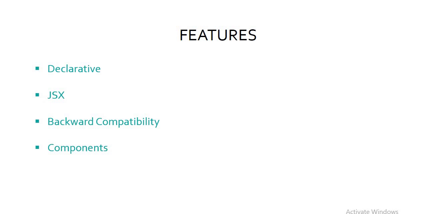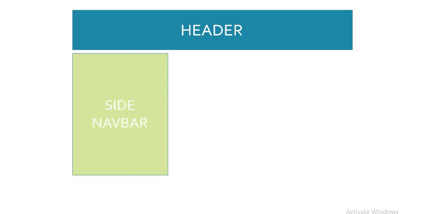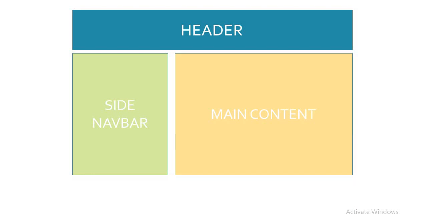The fourth one is components, which is one of the most important features available in React.js. React is all about components, so you can think of everything as a component in React.js. A component is nothing but a piece of user interface. So you can see a user interface broken down into multiple individual pieces, but if we merge them all in a parent component or a root component, it will become your final UI.